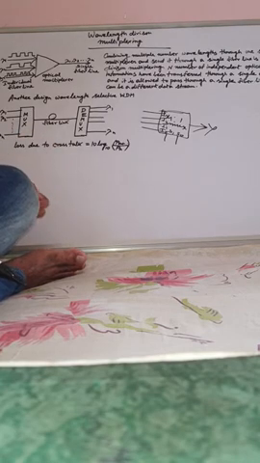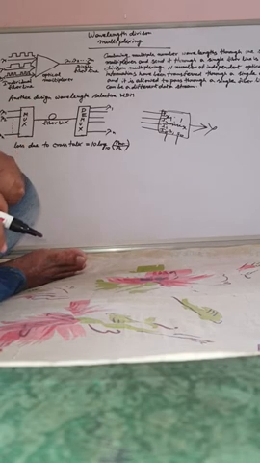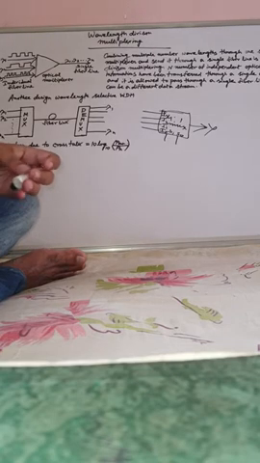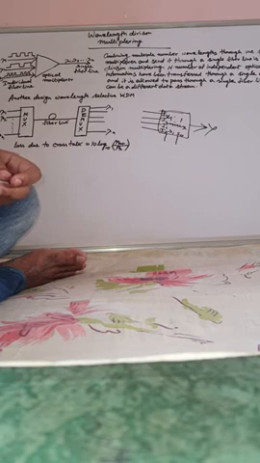So this process is not difficult. In the exam, they may ask you to write short notes on wavelength division multiplexing. Try to write as much information as possible. It will be helpful for you to learn wavelength division multiplexing.